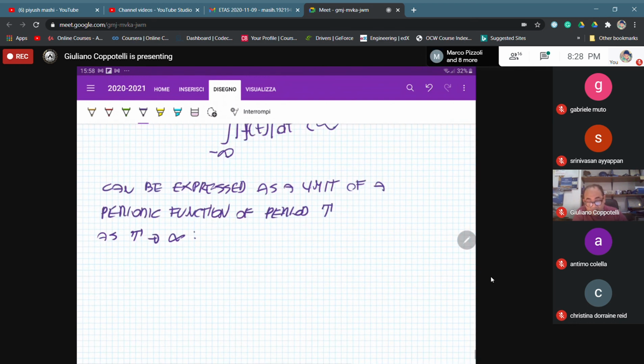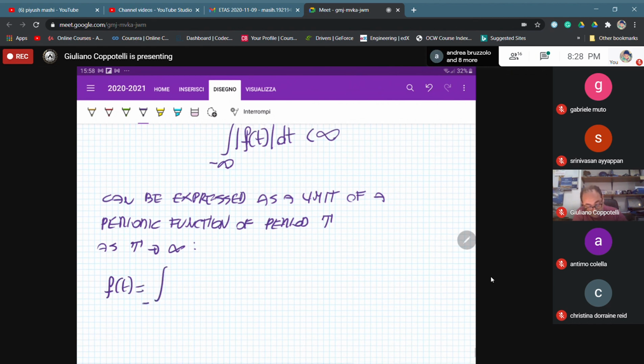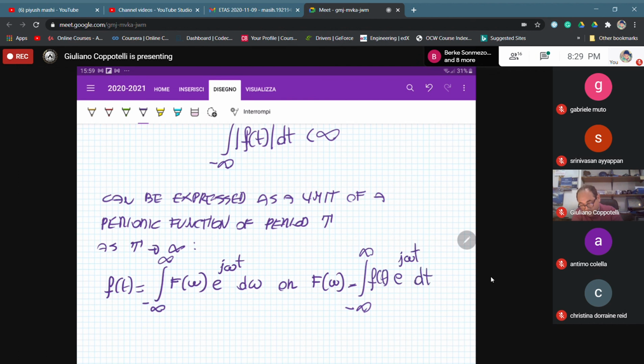That is, your f(t) could be written as the integral from negative infinity to infinity of its frequency domain representation, capital F, e to the j omega t d omega, or vice versa, your frequency domain representation, capital F, is the integral from negative infinity to infinity of your f(t) e to the negative j omega t dt.